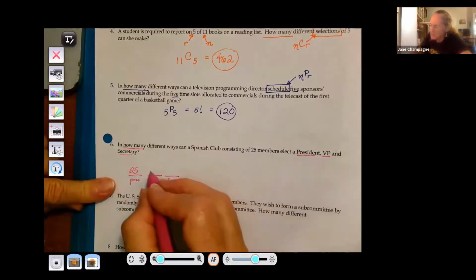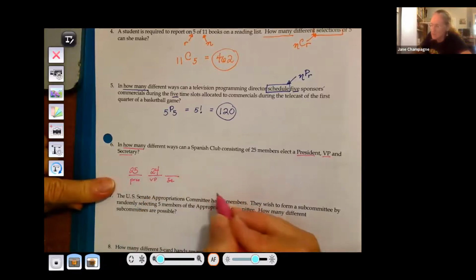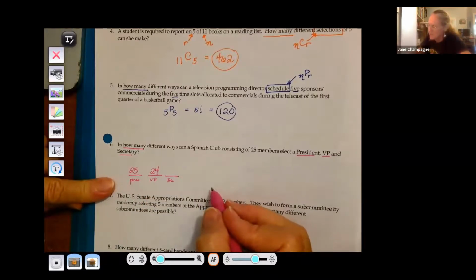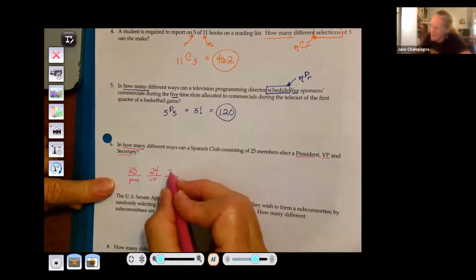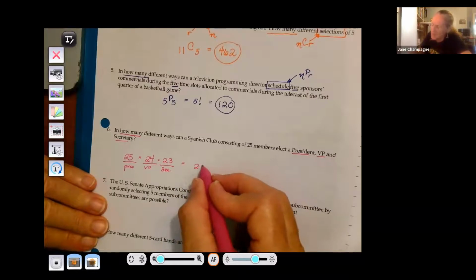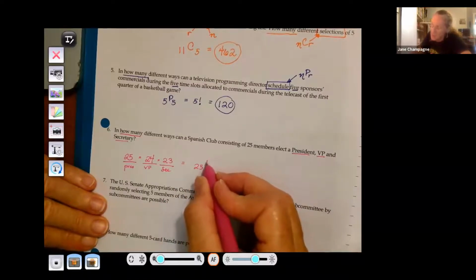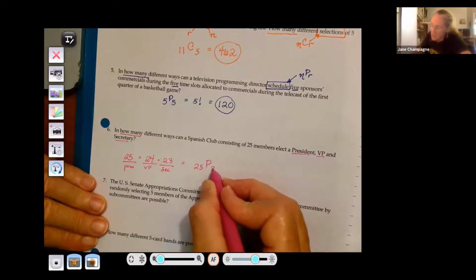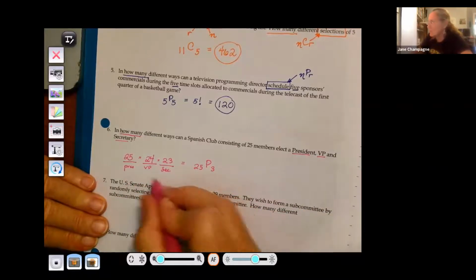Once we choose the president, 24 choices for who's vice president. Once we've got those 2 picked out, we've got 23 left for secretary. Multiplying together, that is the same thing as 25 permute 3, putting 3 of them into position.